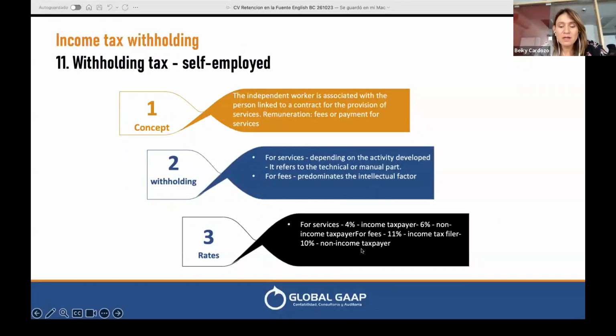So for services it is 4%. Depending on if you are selling things or if you're using your knowledge, for knowledge it will be 11 or 10% depending on the services that you are providing to the company as a contractor. So this is a very important topic that you really need to analyze.